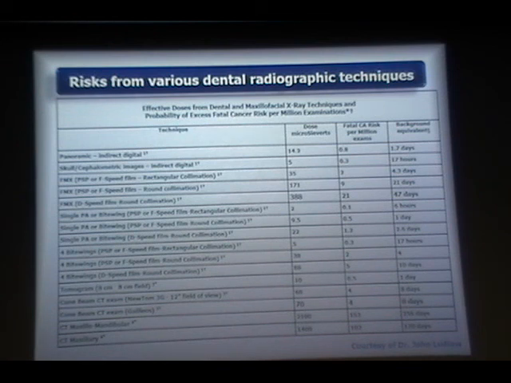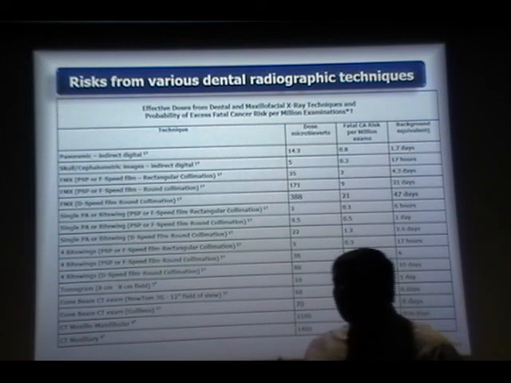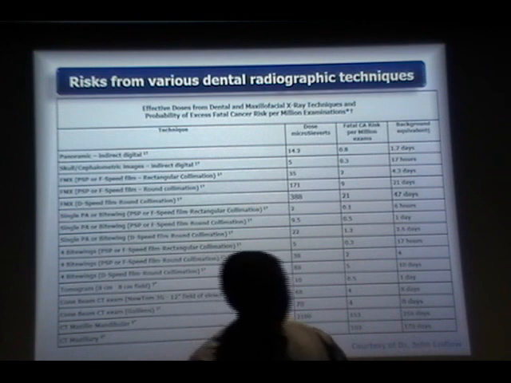For instance, for the panoramic radiograph, the very first line says it's equivalent to 1.7 days of background radiation. So you can say it's like an extra 2 days of living in this world. That's the equivalent dose the patient will get if you order a panoramic radiograph.